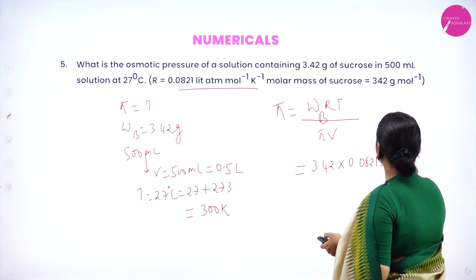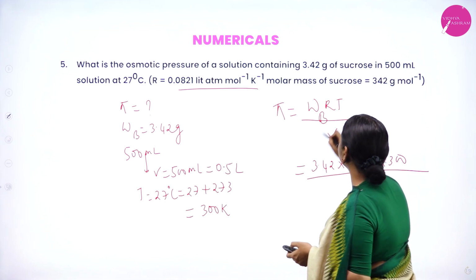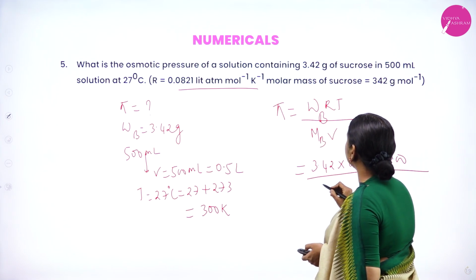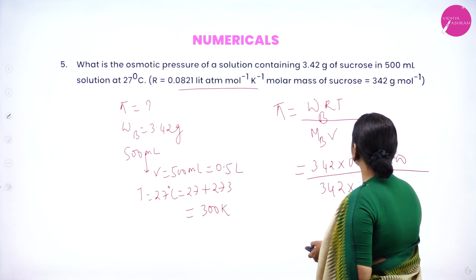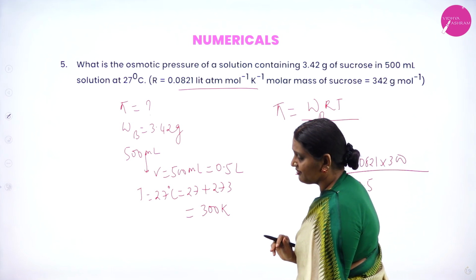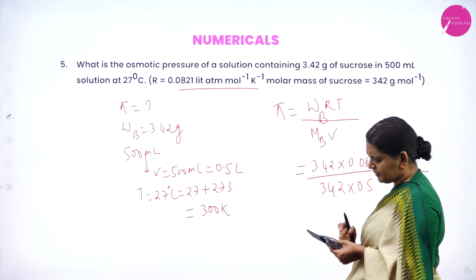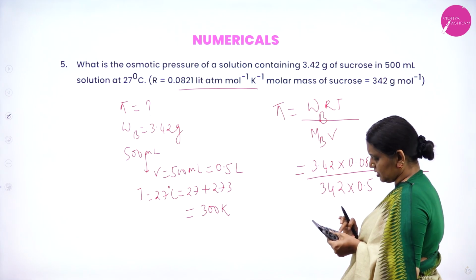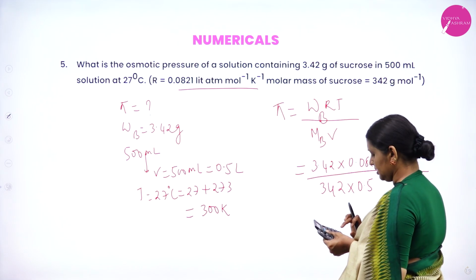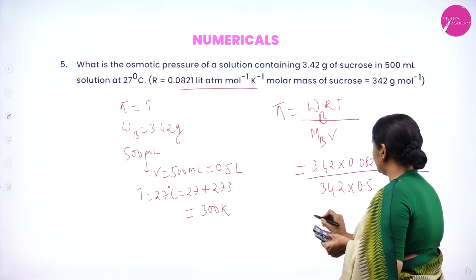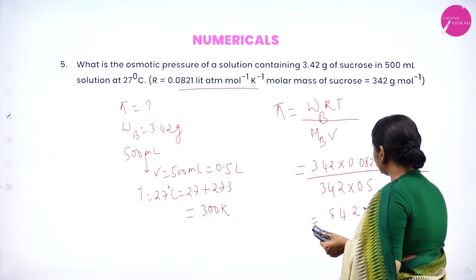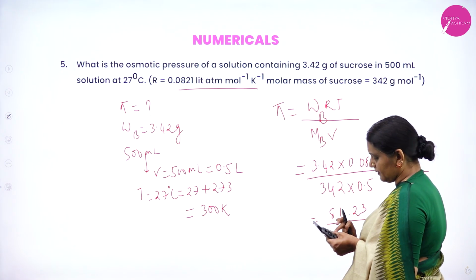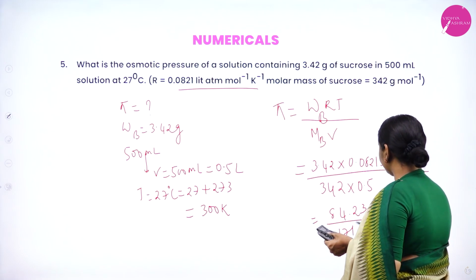Pi is equal to WBRT divided by MB into V. What is WB? 3.42. R value is 0.0821, temperature is 300. MB is the molar mass of sucrose, 342, and V is 0.5. So 3.42 into 0.0821 into 300 is 84.23, divided by 342 into 0.5, which is 171.